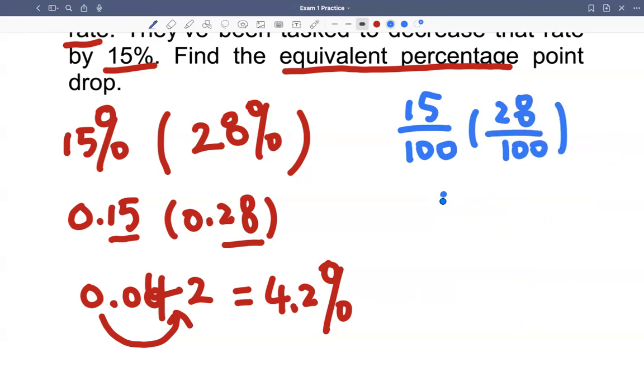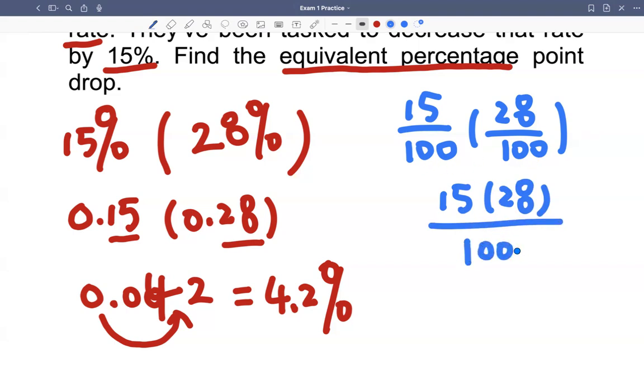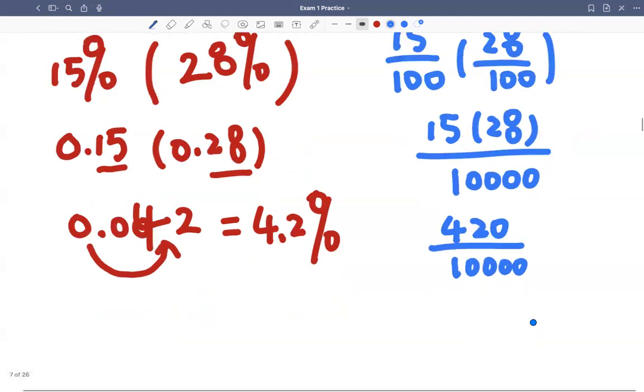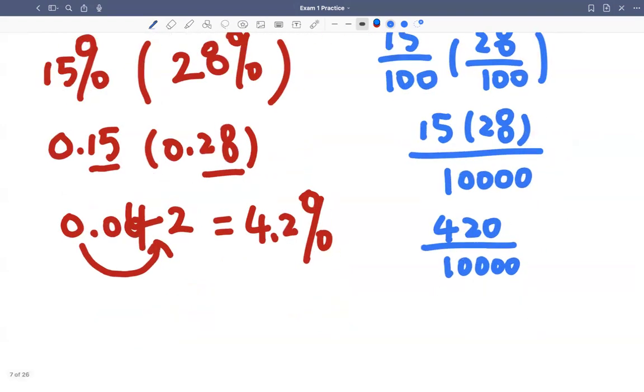Numerator times numerator, 15 times 28. Denominator times denominator, 100 times 100, that becomes 4 zeros following 1. And 15 times 28 we already calculated, that's 420, divided by 1 followed by 4 zeros. First, we can divide by 10 in the numerator and the denominator, which means we can cancel out those 2 zeros. Then the denominator is 1000.